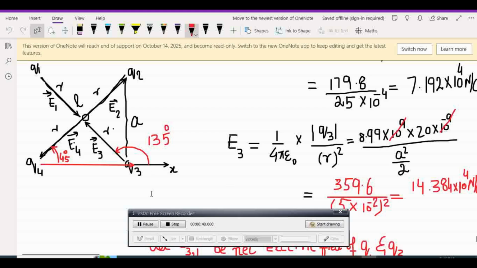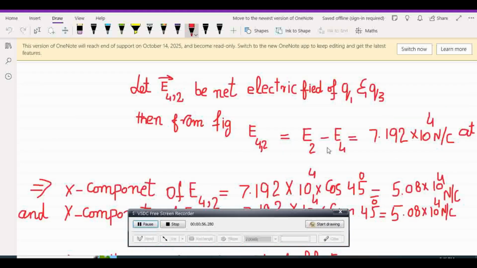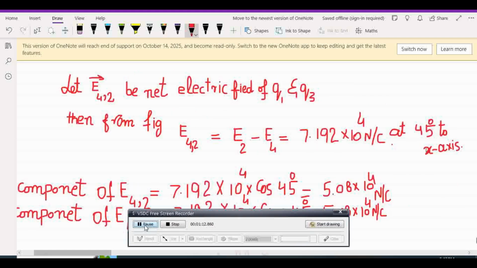We use this angle to find the x and y component of the resultant of E4 and E2. E42 will be equal to E2 minus E4, and it will be in the direction at 45 degrees to the x-axis.